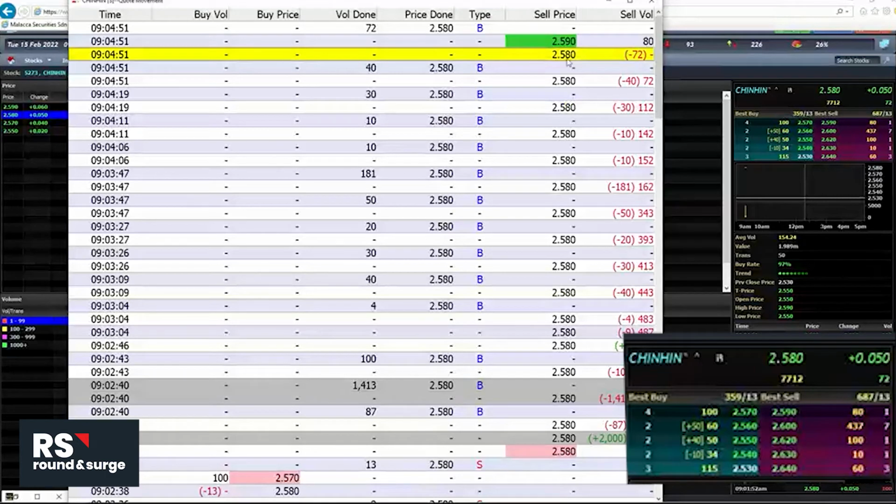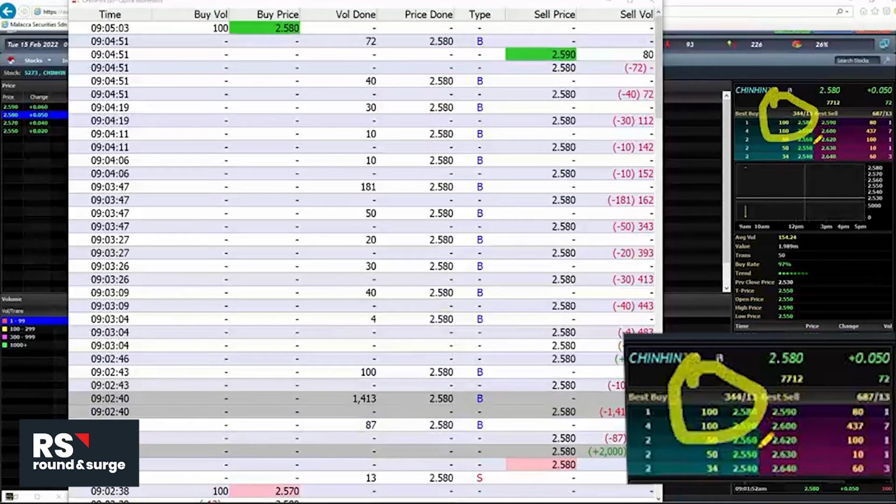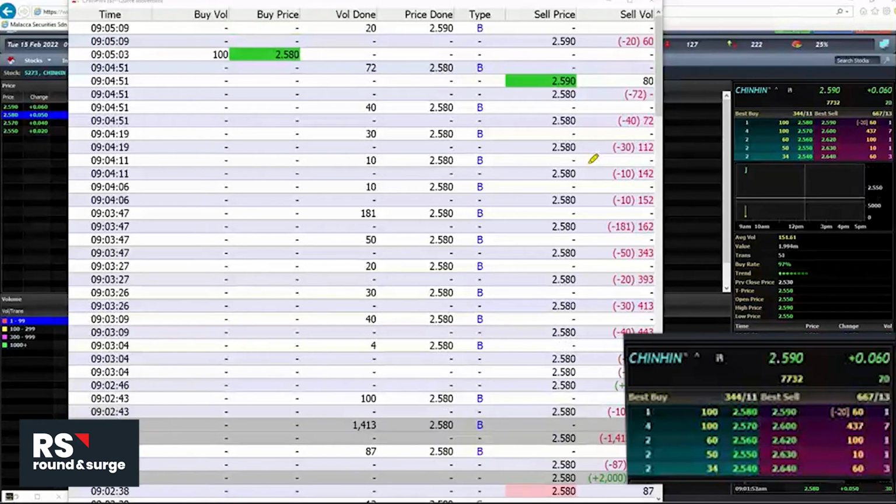258 is being cleared, but it's not refilled back. Right now it's refilled back to the buy side, 100 lots. So it's an average point that they are looking into.